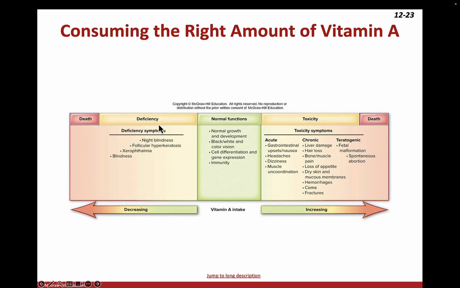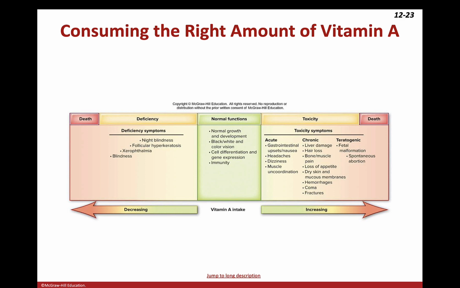So if we look at deficiencies, notice with decreasing levels of vitamin A, we can actually see death. Here we actually see normal functions, so normal growth and development, black, white, and color vision, cell differentiation, gene expression, and immunity. And notice with increasing levels of toxicity, death can be an issue. If we look at acute, that could be associated with GI upsets and nausea, headaches, dizziness, and issues with muscle coordination.